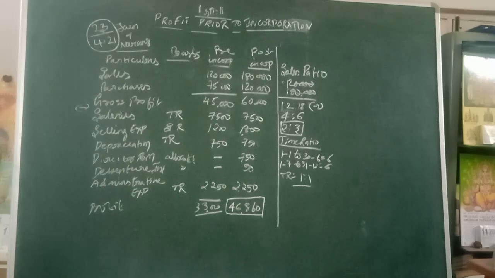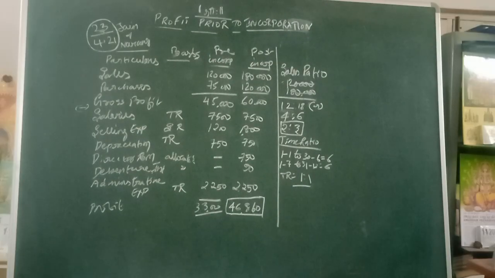Also please note down, sometimes you may be given sales minus cost of sales, that will also give you the gross profit. In this case we are not given the cost of sales, we are not given the direct expenses, simply we have sales and then purchases. So what we have to do, sales minus purchases, that will give you the gross profit.